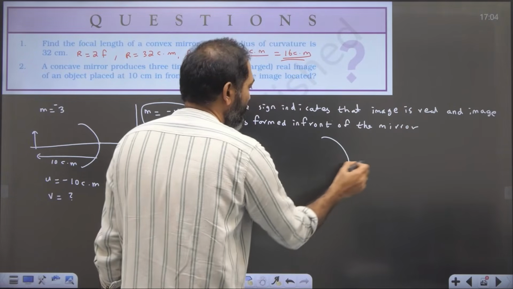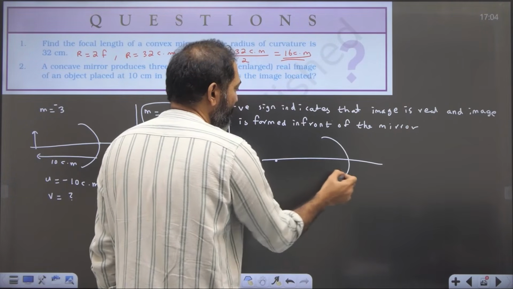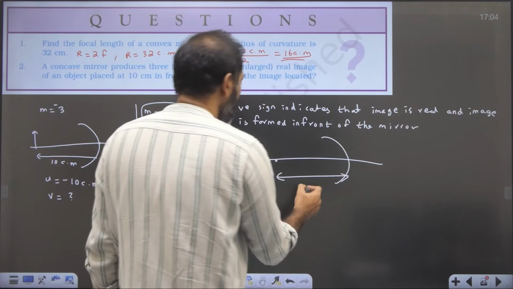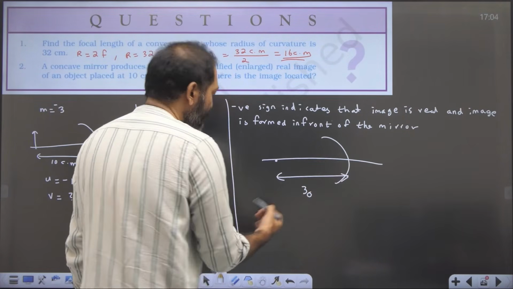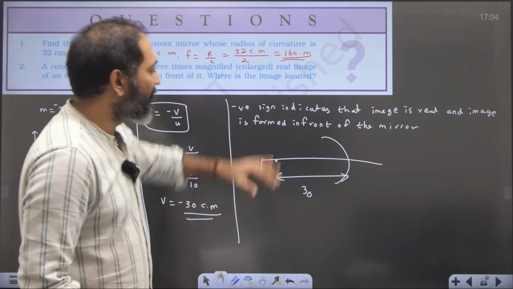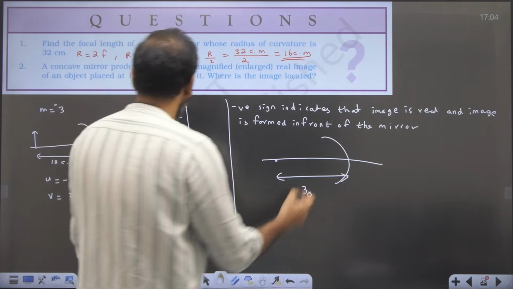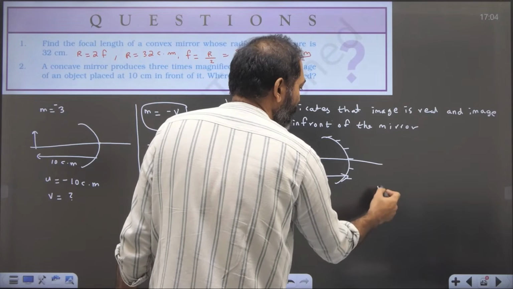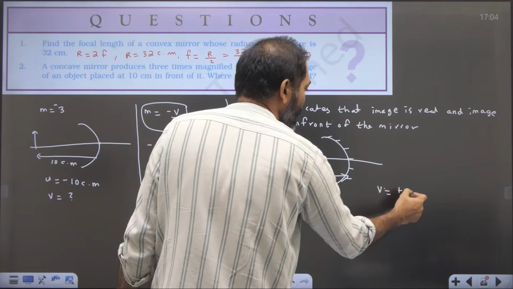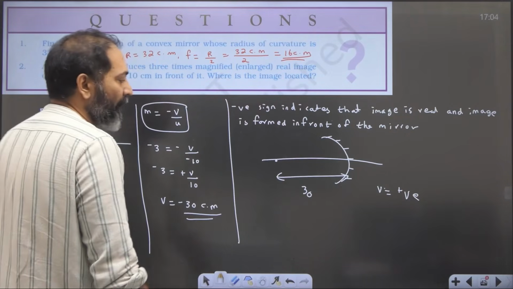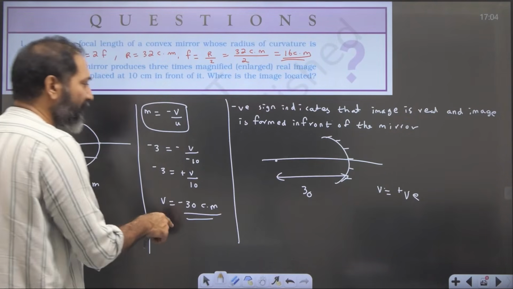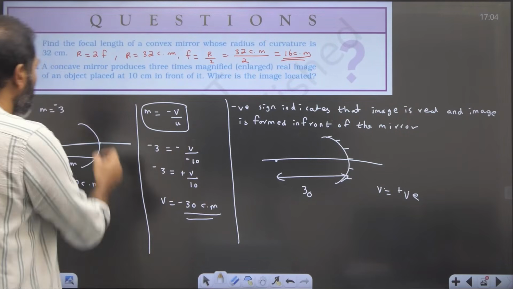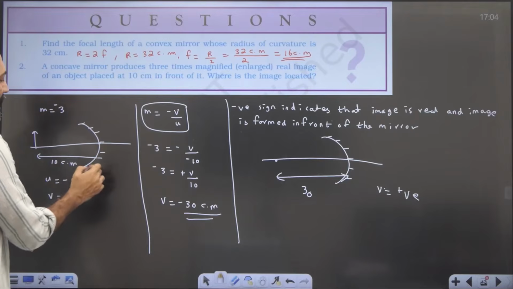I understand that the image is formed on this side at a distance of 30 centimeter. Why are we getting a minus sign? Because it is in front of the mirror. If it was behind the mirror, I would have got a positive value for image distance. But I got a negative value, that means the image is in front of the mirror.